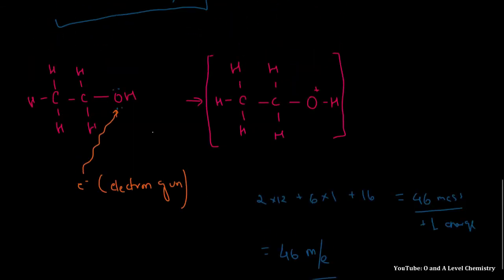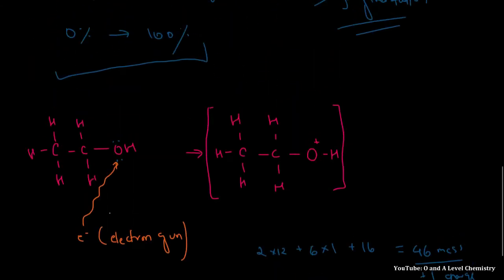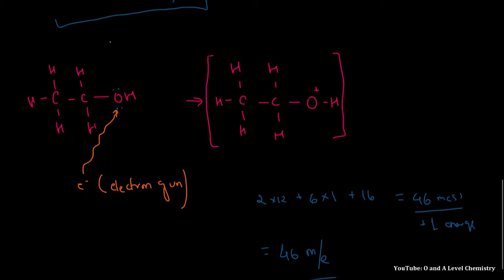It is also possible, because this ionization process by the electron gun in the ionization chamber is very random, that another electron from the gun would come and knock the other electron off. In that case, you would produce the sample with two positive charges.